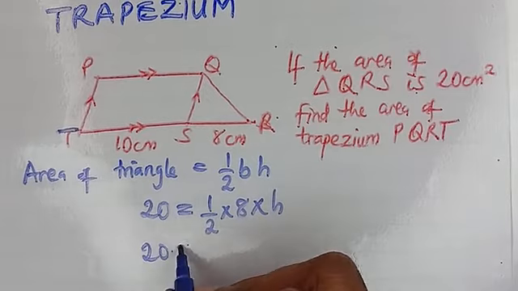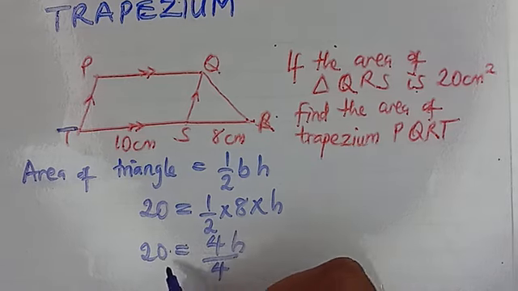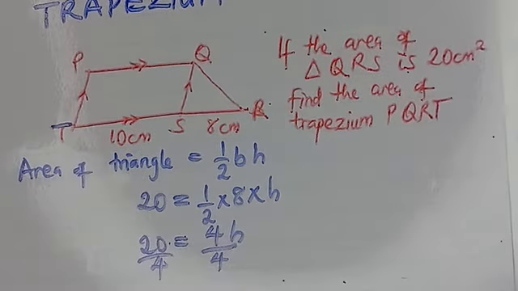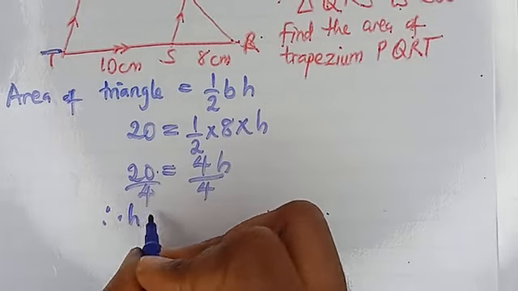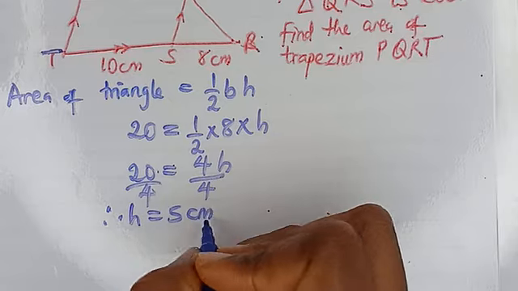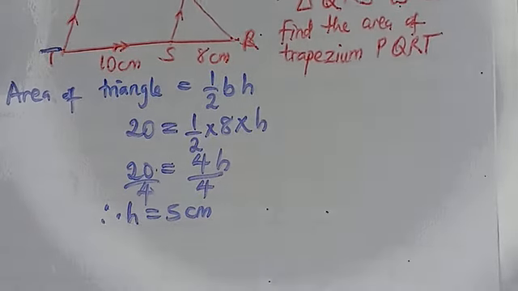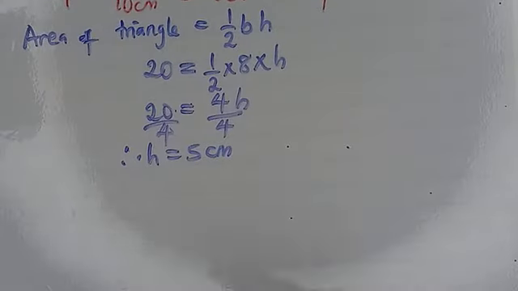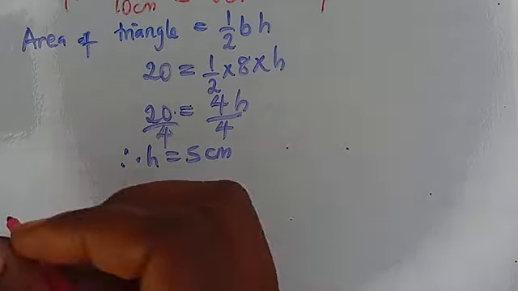We have that 20 is equal to 4h. We divide both sides by 4. We have that the height is 5 cm. Therefore, height is equal to 5 cm. That's okay now. So we solve for the area of the trapezium. Let me solve that with this color of pen.